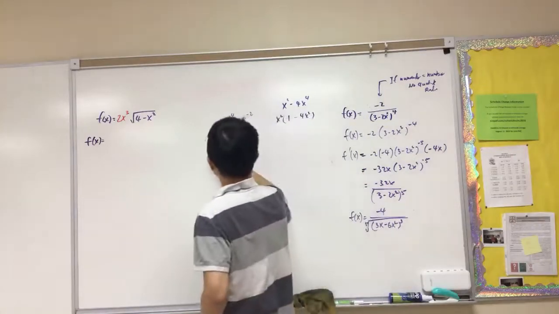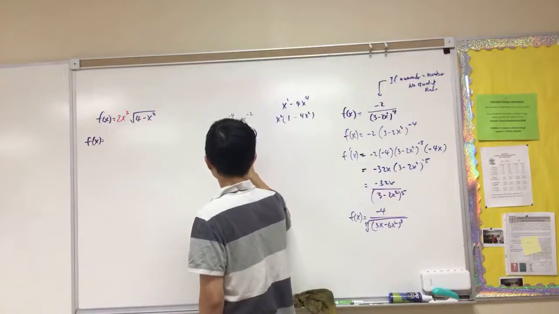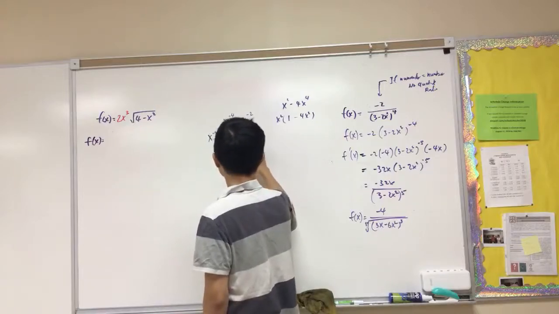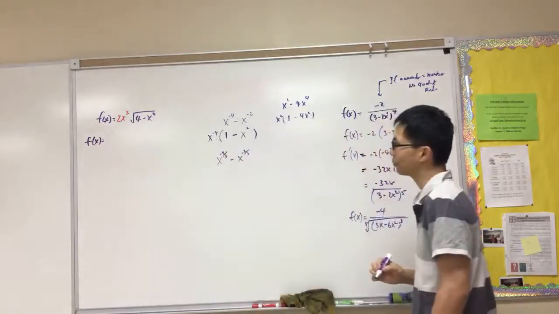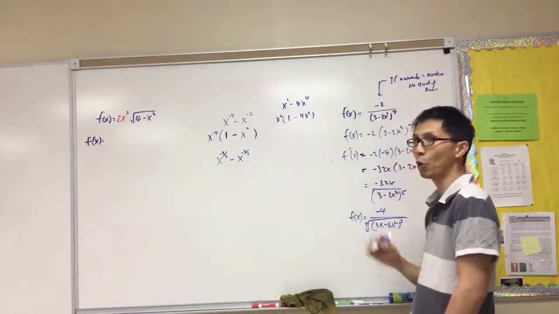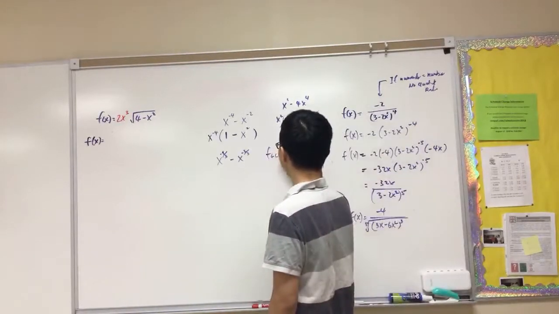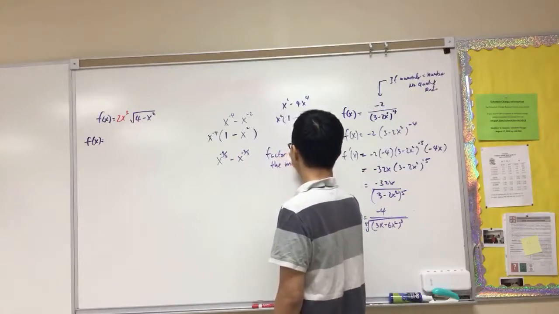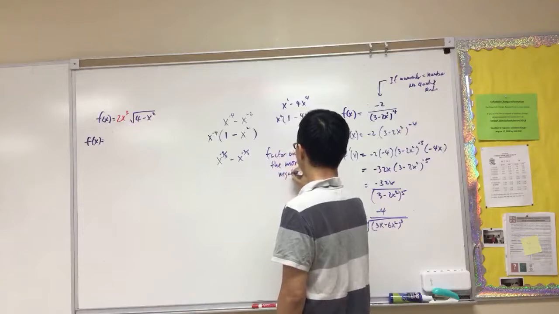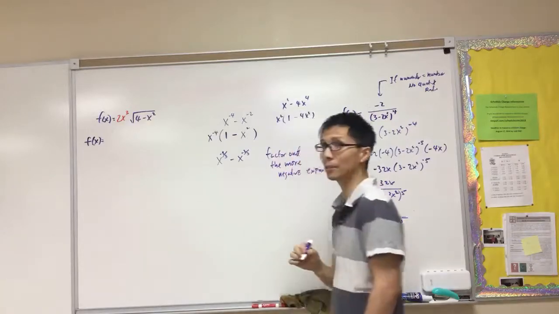Okay, so x to the 5/3 minus x to the 2/3, negative. So which one do I want to factor out? The bigger one, 5/3, the more negative one. You always factor out the more negative exponent.